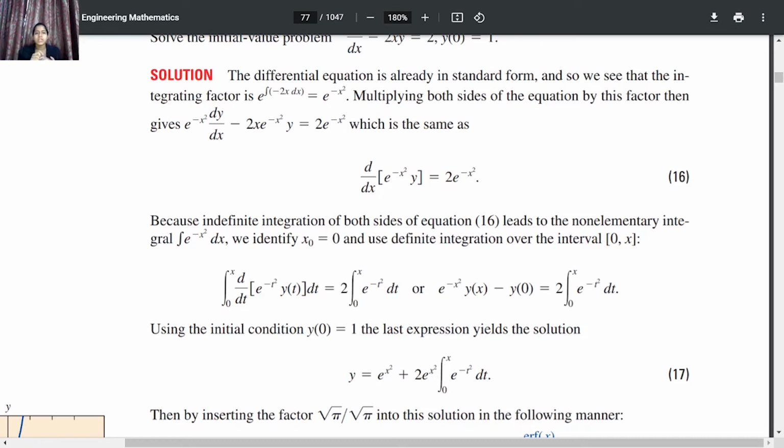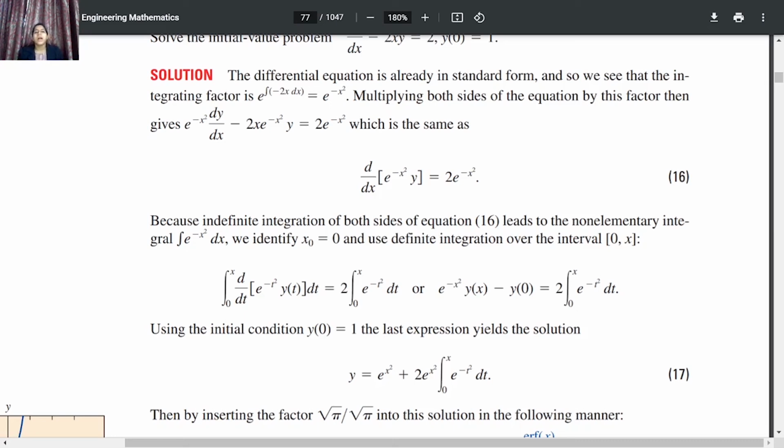So here just keep in mind this is a special case when the integral is a non-elementary integral, that is, the integral of e raised to minus x square is not a standard value, cannot be determined. So we consider it to be the value from integral 0 to x e raised to minus t square dt.